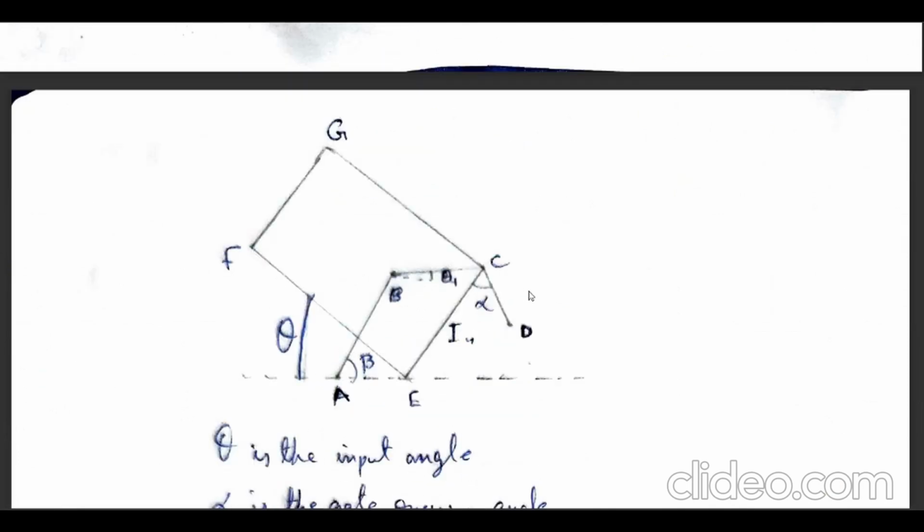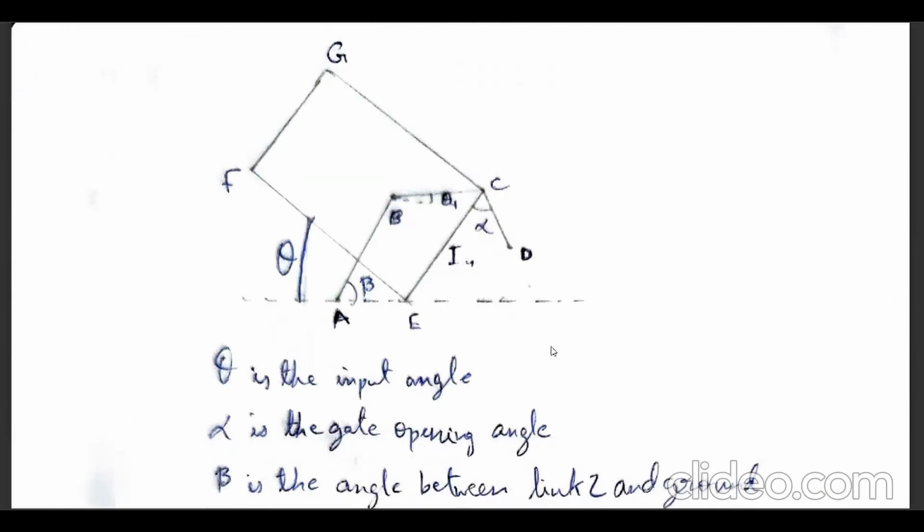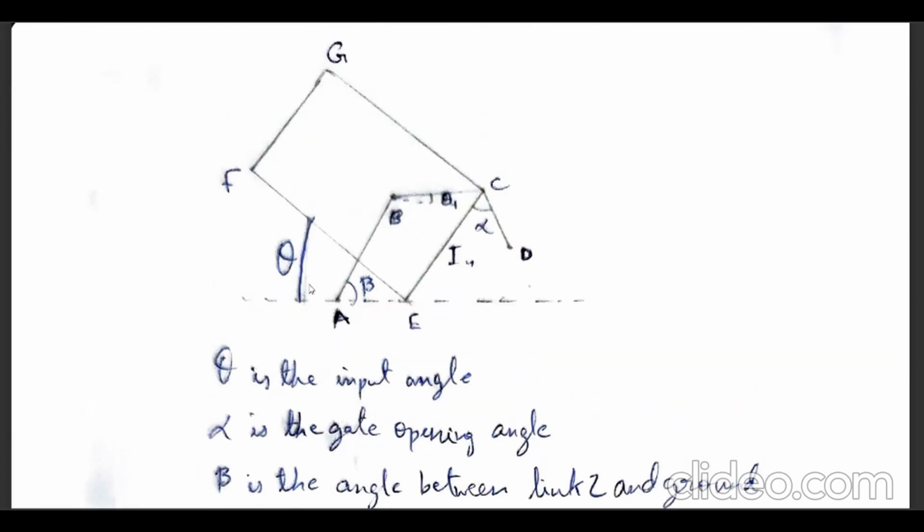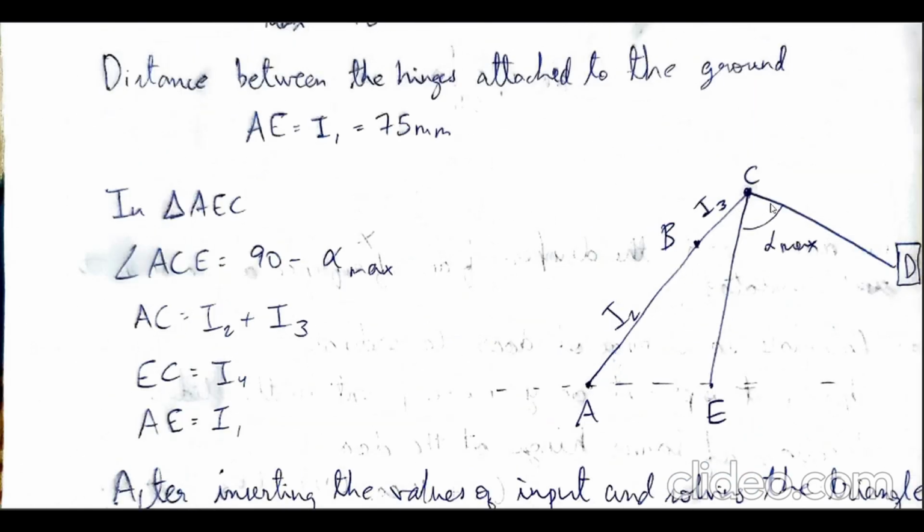This is the next diagram, showing the schematic diagram of the configuration and the 4R mechanism. Here theta is the input angle, which is the input to get an output from our mechanism. Alpha is the door opening angle, as we saw before.